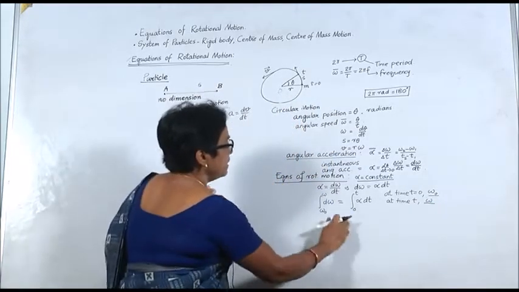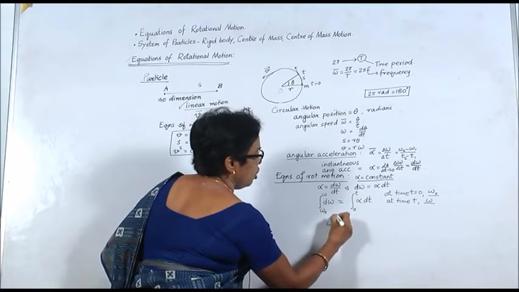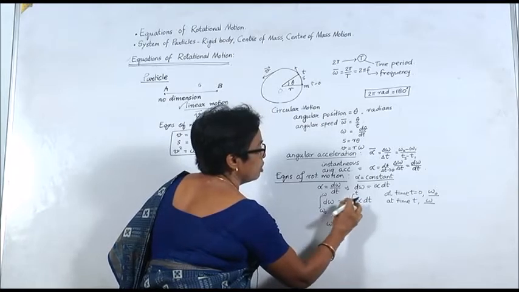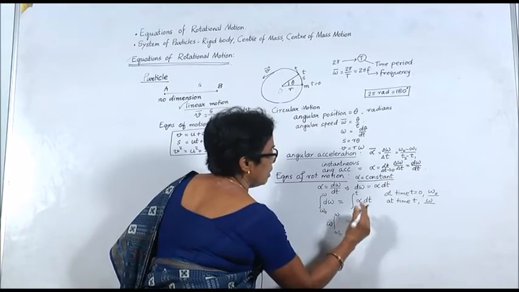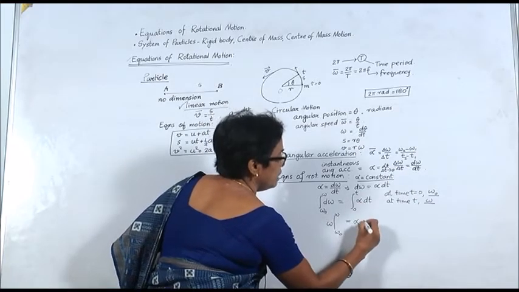If I integrate, this will give me omega with lower limit omega 0 and upper limit omega, equal to alpha, which is a constant, so it will come out. The integration of dt from 0 to t is simply t.